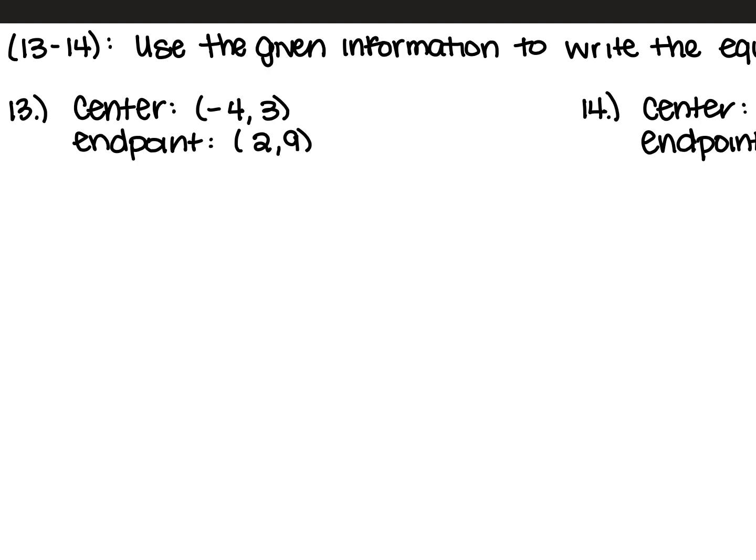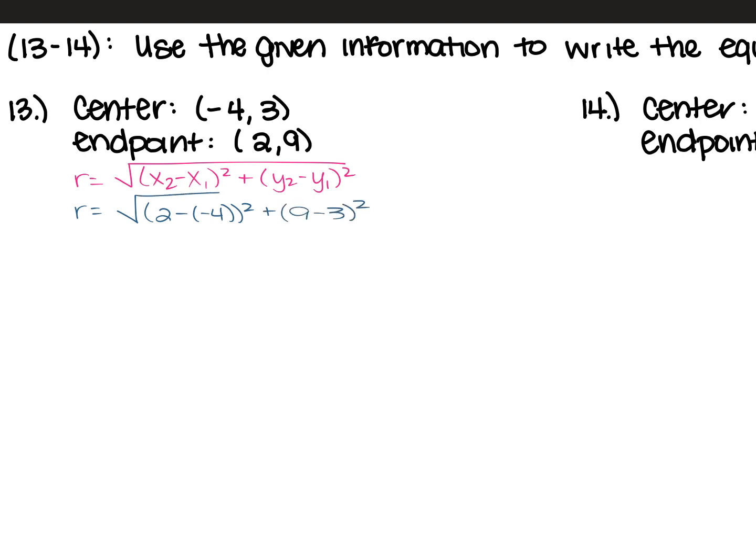So your radius is going to equal the square root of x2 minus x1 squared plus y2 minus y1 squared. So that means that you are going to have the square root of 2 minus negative 4 squared plus 9 minus 3 squared.